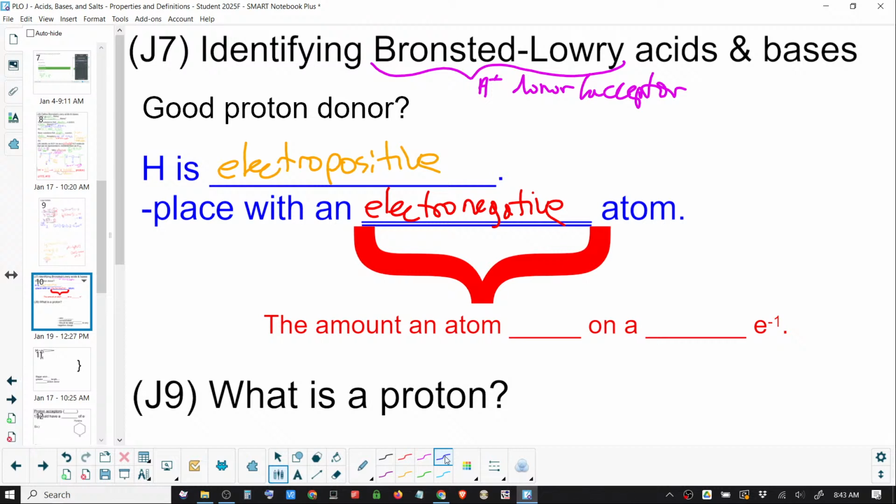Remind me, what does electronegative mean? Is it the amount of energy that you take an electron? To be honest, it's almost close enough. That's ionization energy. Is it the amount it accepts others? That's close too, because it is a shared electron.